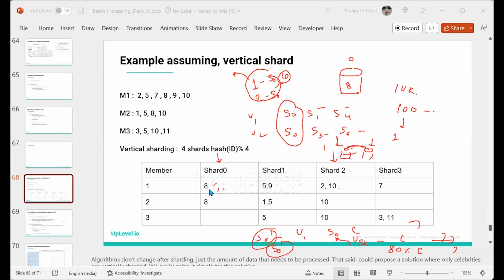That mapping may be present here, or it can be taken from the original list from where this data is being sharded. A better idea is to store it here itself, because this is the way that we have structured this data in this format.